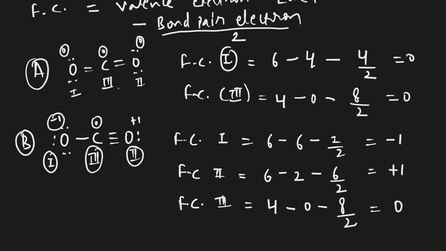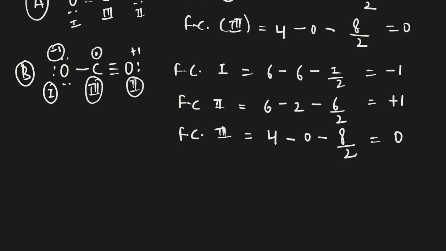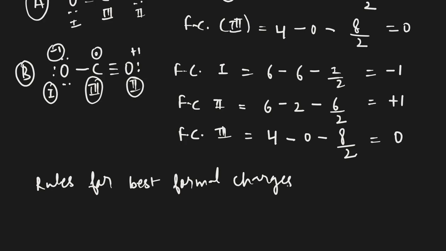So there are certain rules that I am writing, you need to remember that, so that just on the basis of the formal charge you can guess the stability of a structure. So, rules for best formal charge. First rule is fewer formal charge.